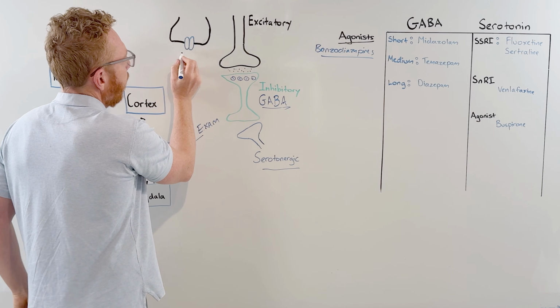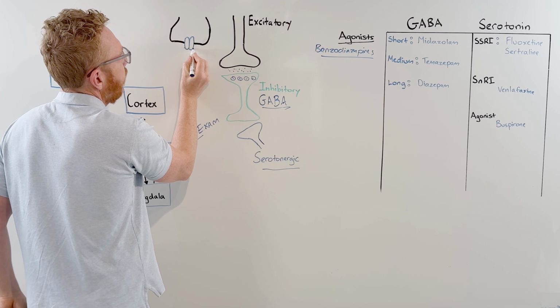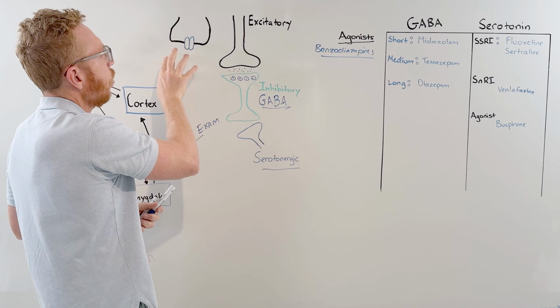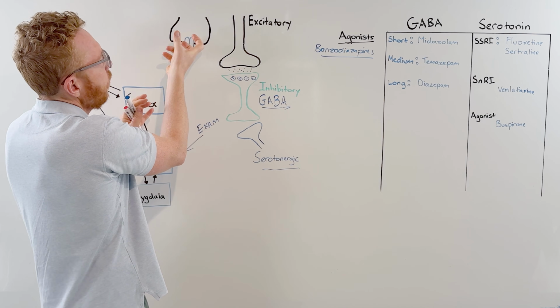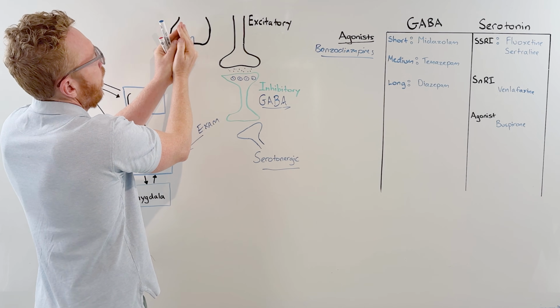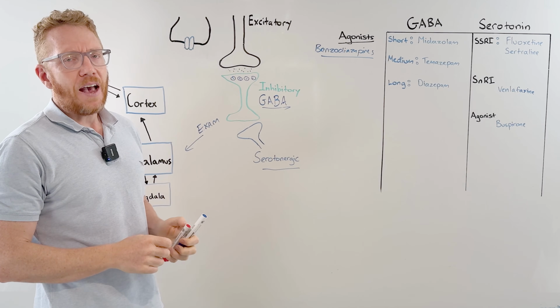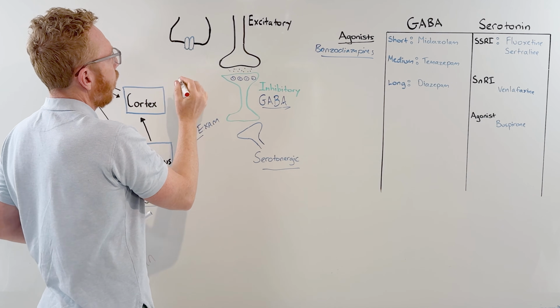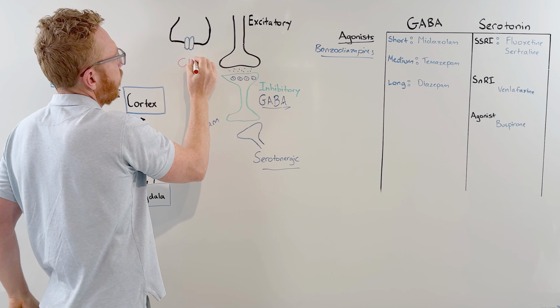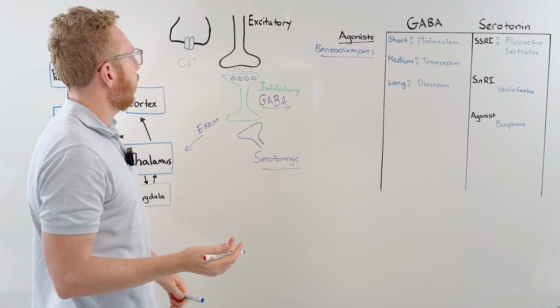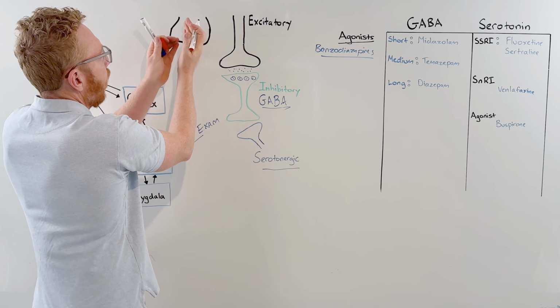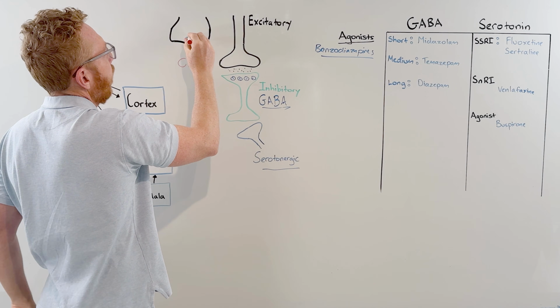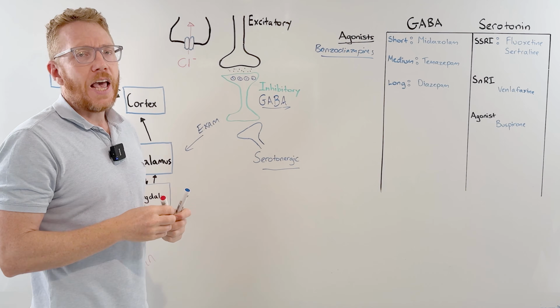So when GABA binds to these protein channels, it changes the conformation of the channel and opens it up. As a result, it opens the channel for chloride. Chloride, which is outside, extracellular, follows its gradient once the door has opened, and chloride goes in.